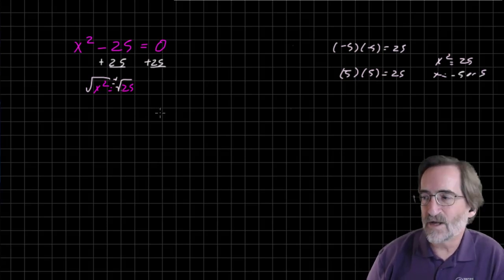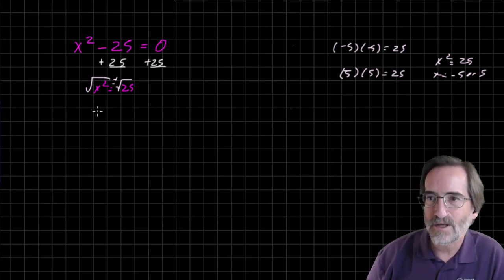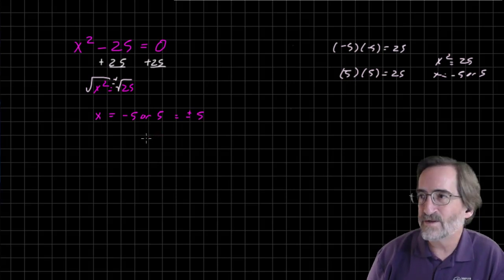So the positive or negative. So a good rule to remember is when you square root both sides of the equation, you get a positive root and a negative root. So negative 5 or positive 5, or you can write it as plus or minus 5. You can write it both ways.